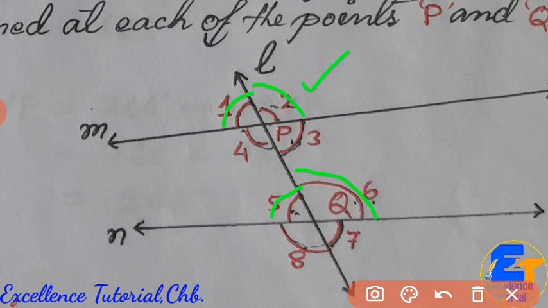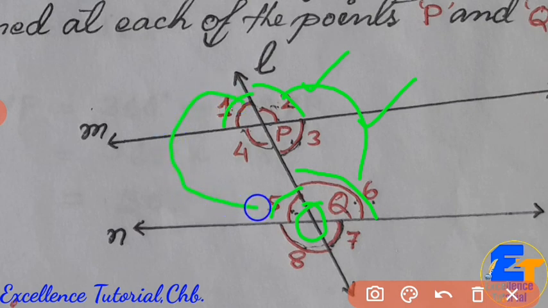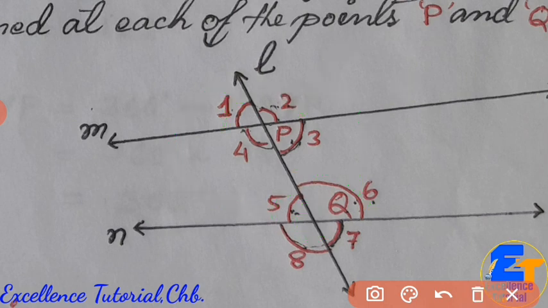See, angle 2 lies on the right hand side of the transversal and at the same time it is lying above the line M. In the same way, come to the point Q, select such an angle which lies on the right of the transversal and above the line N. So see, these two pairs of angles are called corresponding angles. In the same way, 1 and 5 are called corresponding angles. So now see, let us take angle 4.